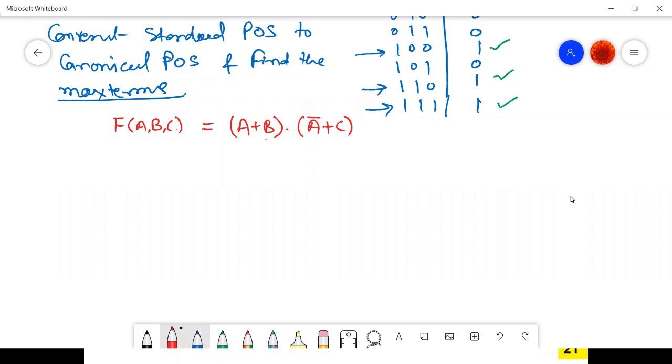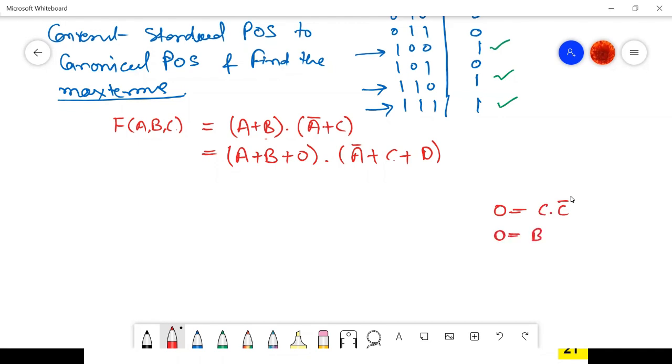So what can we do now? How can we bring all the missing literals here? Can I just write it like that? Any problem if I put 0 there? No problem, right? And do you know 0 is equal to C into C bar, or 0 is equal to B into B bar?